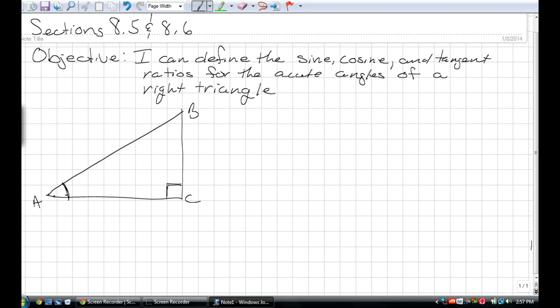In terms of angle A, we refer to segment CB, which is this segment here, as the side opposite the angle.